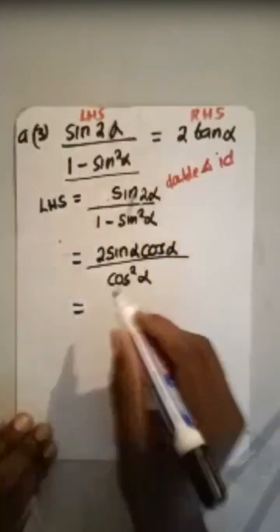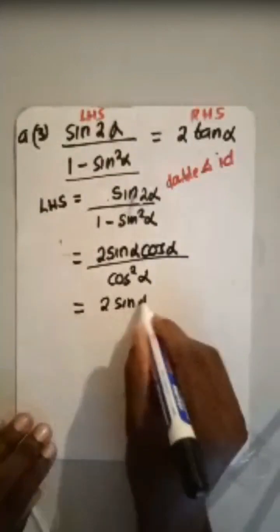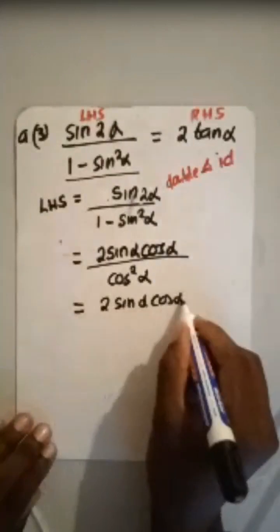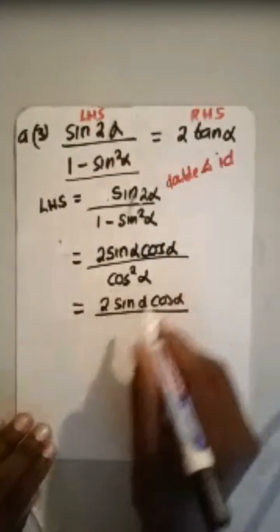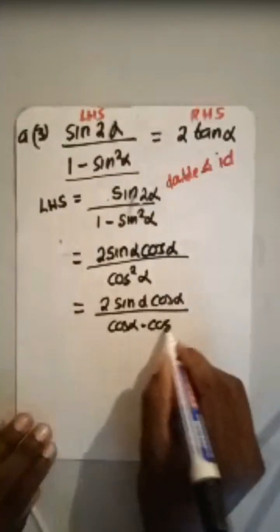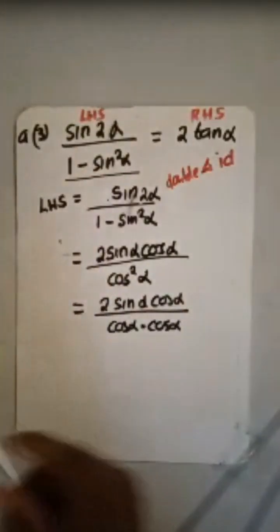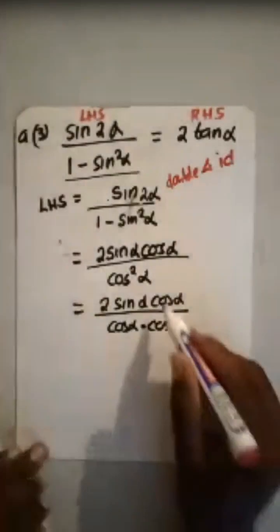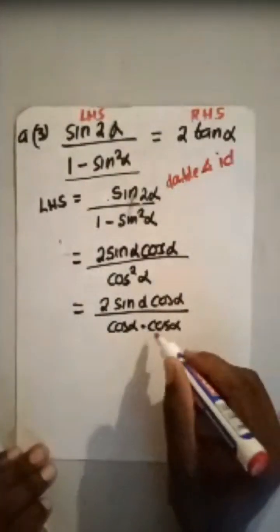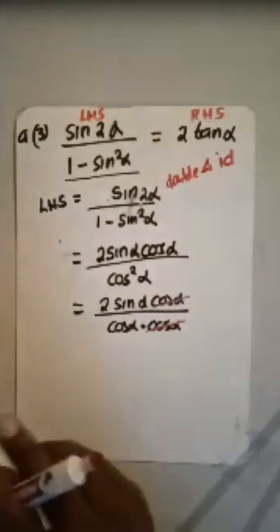If I want to extend it, I can write 2 sine alpha cos alpha over cos squared alpha, which is cos alpha multiplied by cos alpha. We have common factors in the numerator and in the denominator, cos alpha, so this is going to cancel.